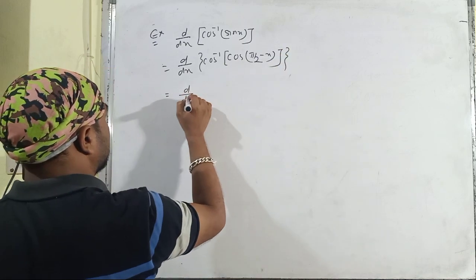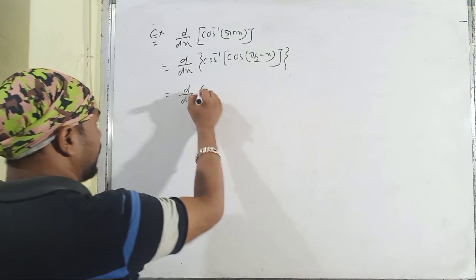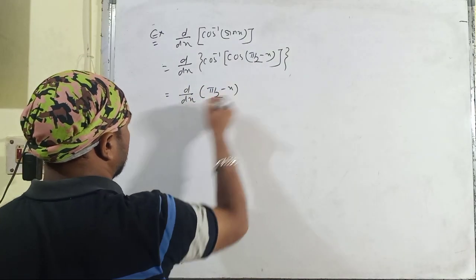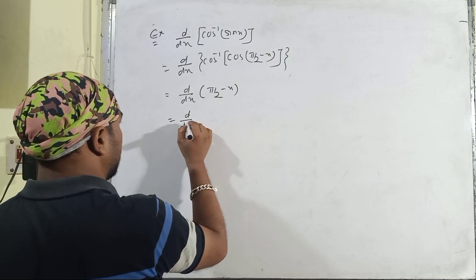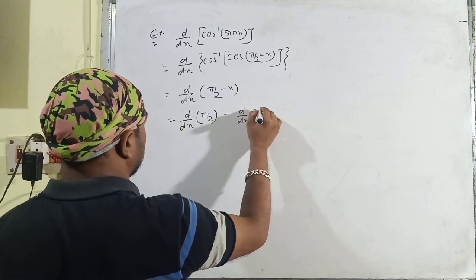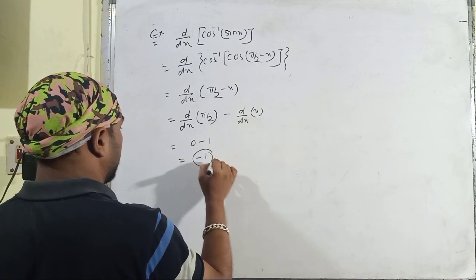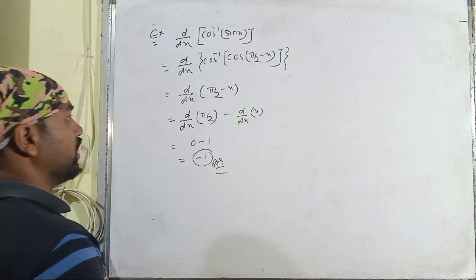So cos inverse cos will get cancelled. The remaining terms are pi by 2 minus x. So it is differentiation of pi by 2 minus differentiation of x. So it is 0 minus 1, which is equal to minus 1, and which is the answer for the given problem.